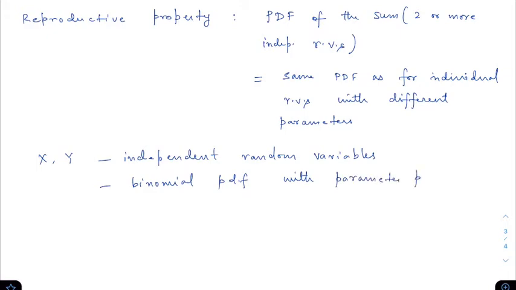So we can write, since they are independent, the joint PDF as a product of their individual PDFs.